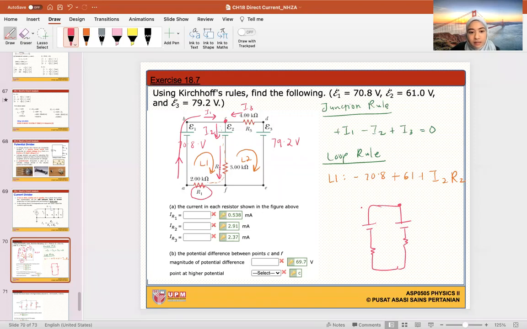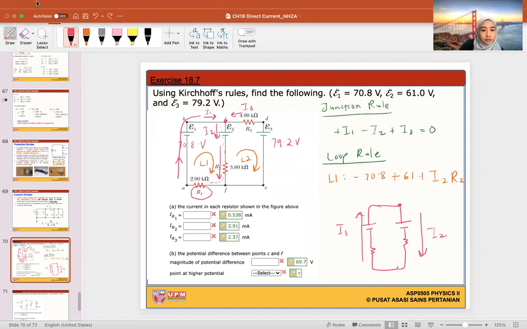I can say that this is the branch that I1 flows in and this is the branch that I2 flows in. This resistor is actually over here; they placed it there to confuse us. So basically the current that flows through R1 is I1. Is everyone clear on that?